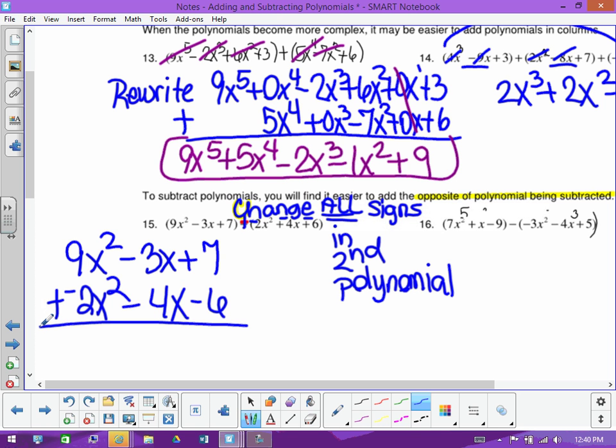Because if you don't change it, what happens 9 times out of 10? You say 9 minus 2 is 7x squared. And you're right. And then you say negative 3 plus 4 is 1. No, it's not. That would be negative 3 minus 4, which is what you have seen right there. And this is not 7 plus 6.